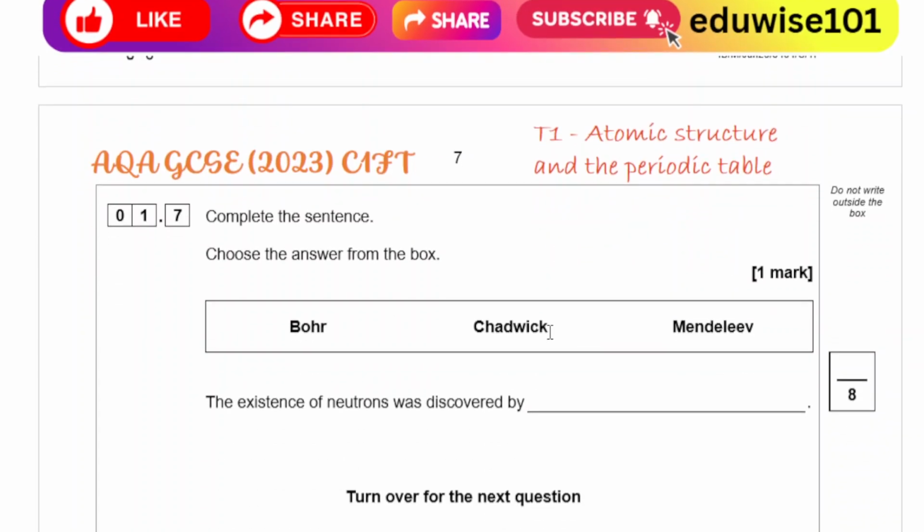The existence of neutrons was discovered by James Chadwick. Bohr is responsible for saying that electrons are in shells. Mendeleev has nothing to do with the atomic structure, it's to do with the periodic table. He proposed the modern periodic table.